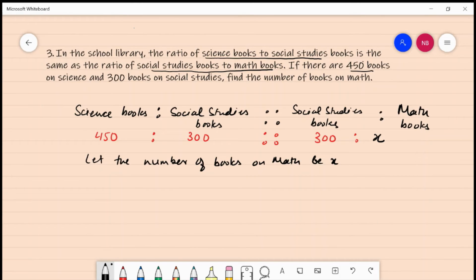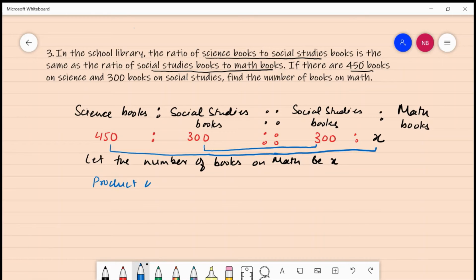I'll use the means and extremes method, the proportion formula. Here, which terms are extremes and which terms are means? Let me take a blue color, and these are my mean terms. And which are my extreme terms? Yes, 450 and x are my extreme terms. As we know, the product of extreme terms is equal to the product of means.